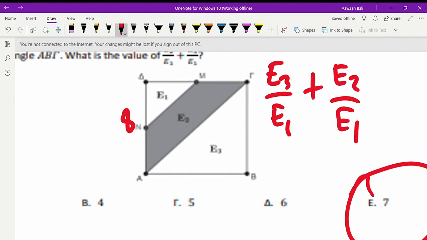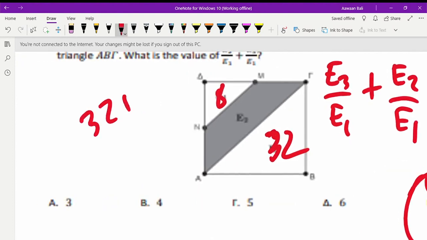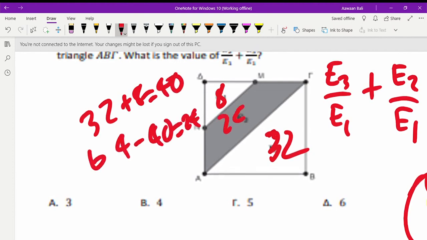The area would be 64, and half of that gives 32. The area of this right angle triangle is 32, and here at the midpoint this becomes 8. Now 32 plus 8 is 40. 64 minus 40 is 24, which means this is 24.